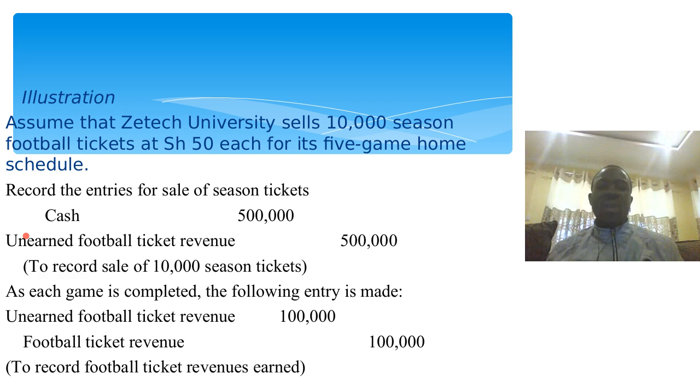Then we credit the unearned football ticket revenue, which is the same amount again, 500,000. And this is simply to record the sale of the 10,000 season tickets.